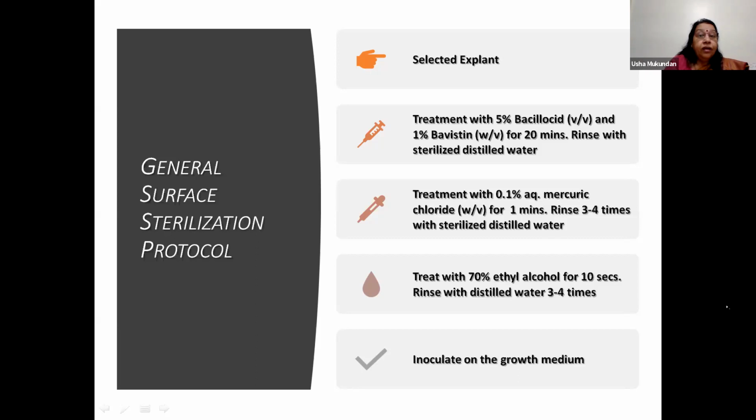Sepsis. Can anybody tell me sepsis का मतलब क्या है? Growth of microorganisms in the tissue is known as sepsis. So obviously antiseptic का मतलब क्या होगा? I gave you definition right now. What is an antiseptic?